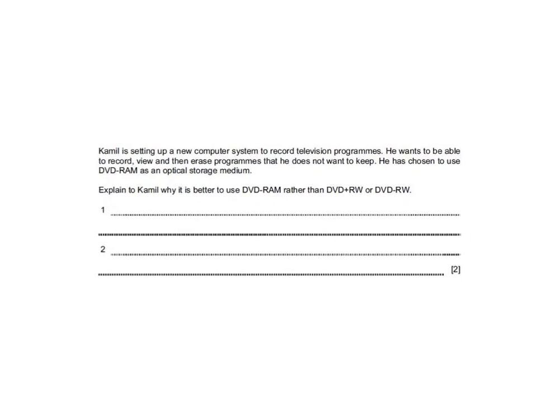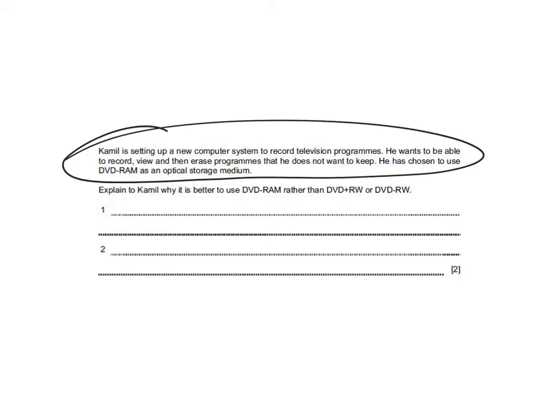Explain why it's better to use DVD RAM in this scenario when you're recording television programs. So this is what I reference for DVD RAM a lot. Viewing these programs doesn't want to keep using DVD RAM as optical storage.